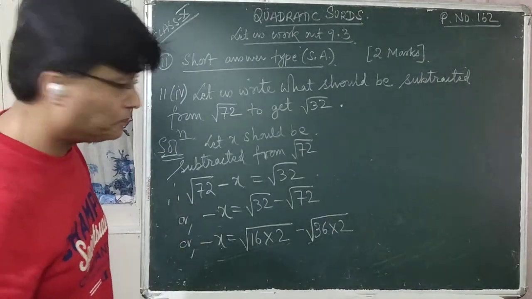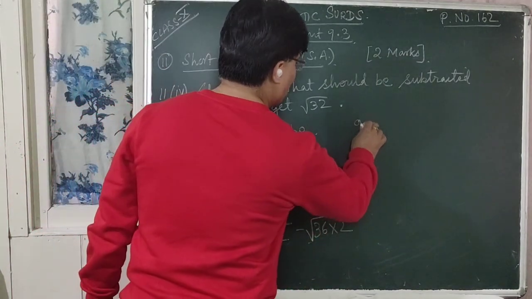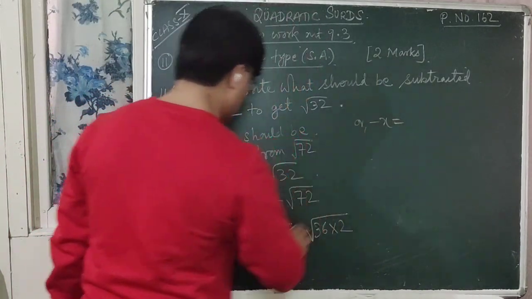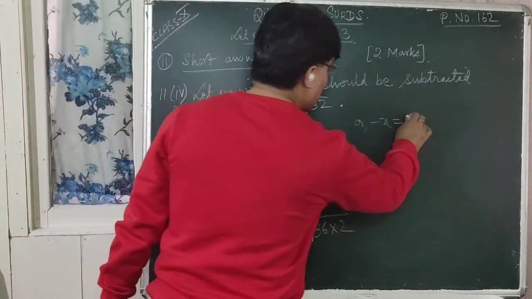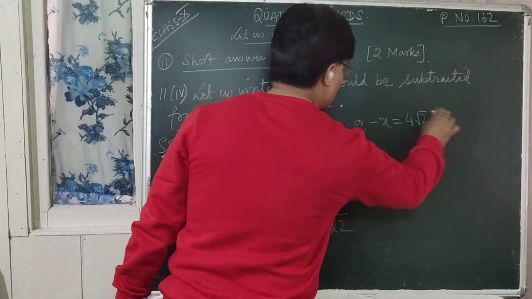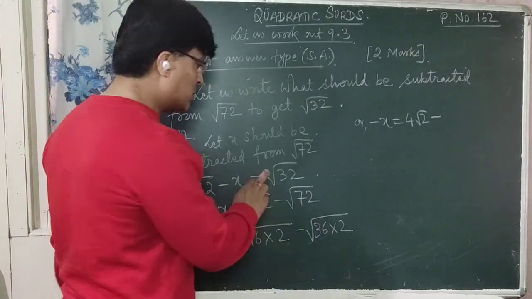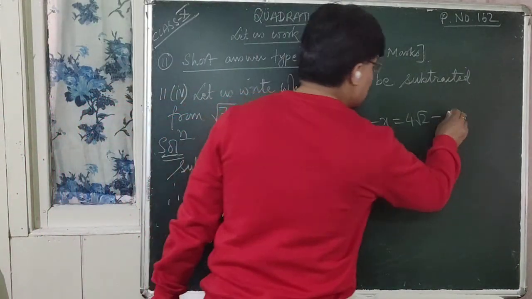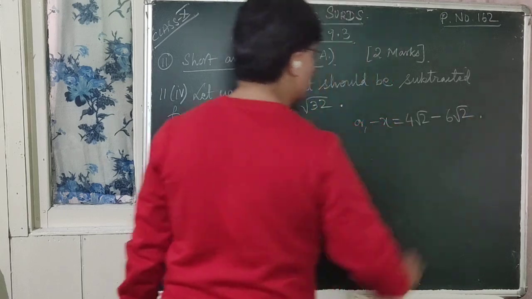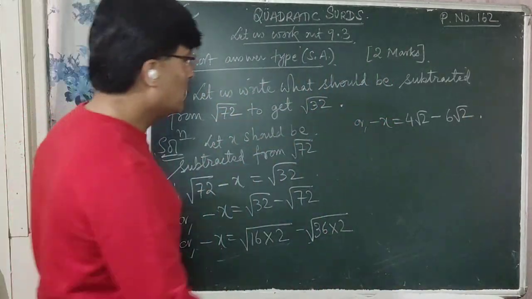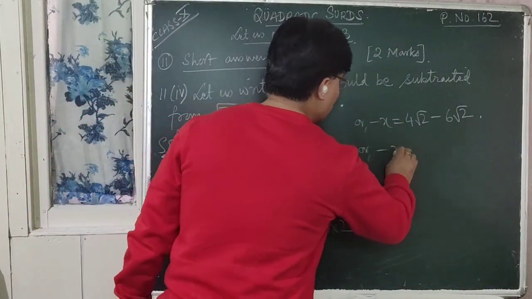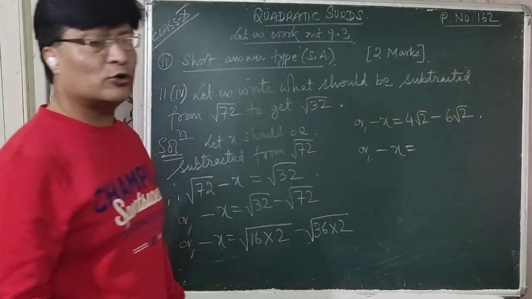Is that clear? So, minus x is equal to, what is square root of 16? It is 4 root 2. You cannot get the exact square root of 2. So write down root 2 minus, what is the exact square root of 36? It is 6, it is 6 root 2, right? Minus x is equal to, what is 4 root 2 minus 6 root 2?